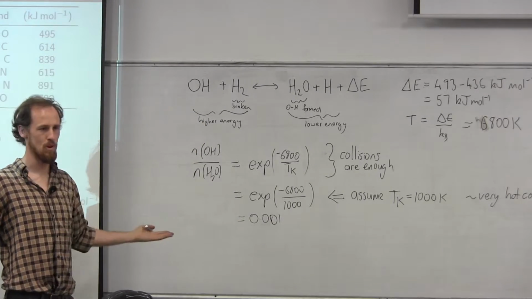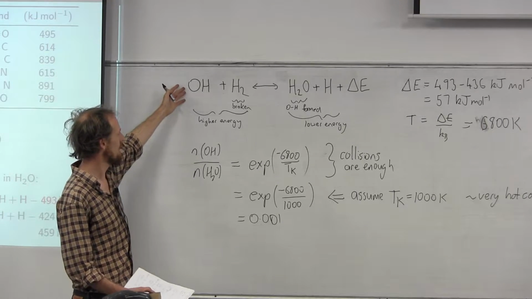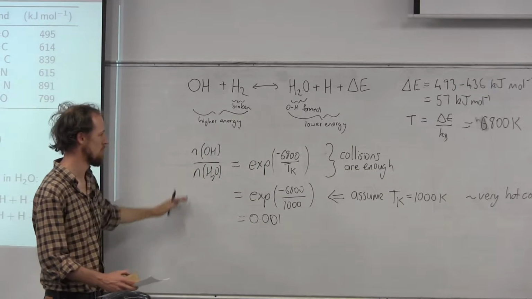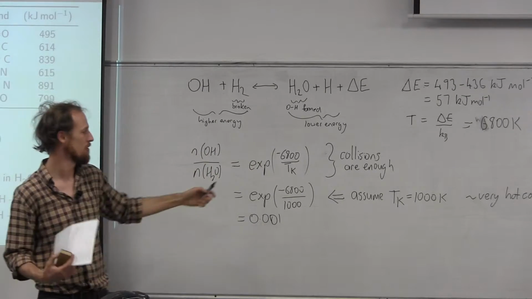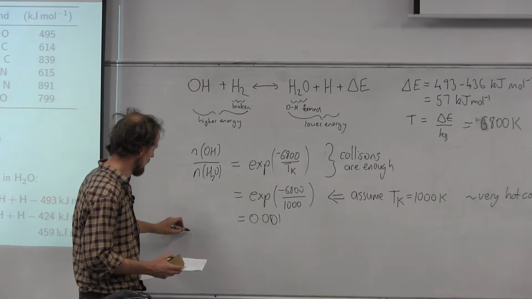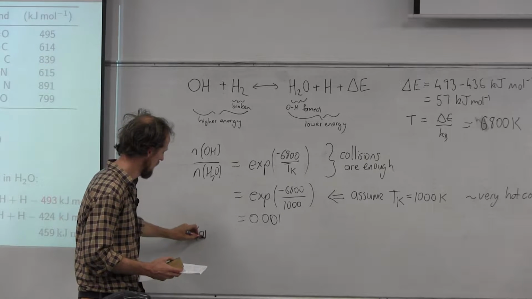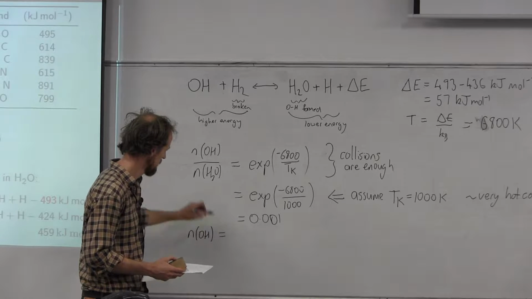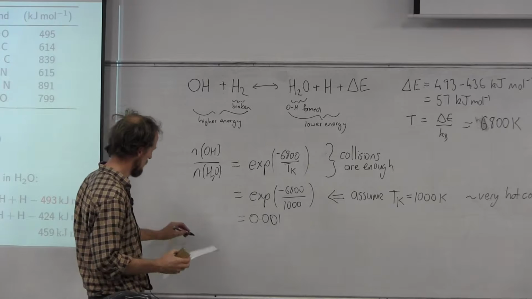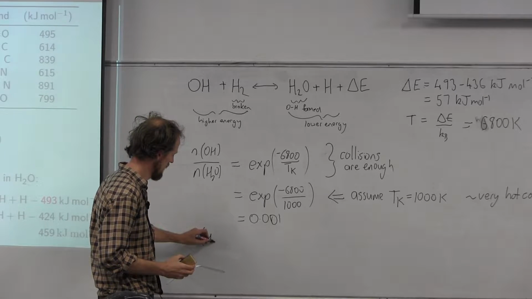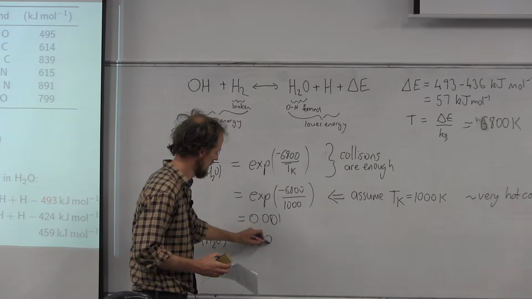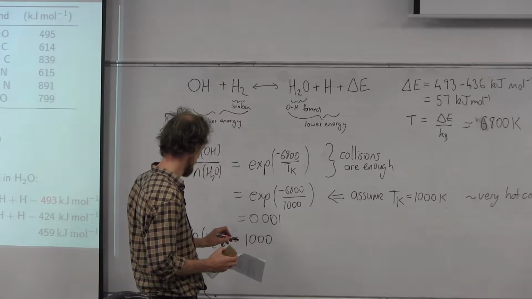So what does this mean? We have the equation, we worked out the reaction energy, you put it into this Boltzmann formula, assuming thermodynamic equilibrium, there are enough collisions. And the final conclusion really is that for every OH, another way, for every H2O, other way around.